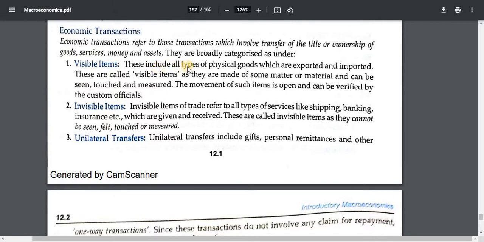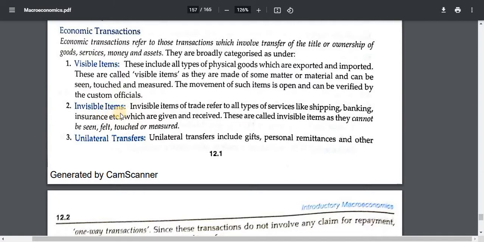These include all types of physical goods which are exported and imported. These are called visible items as they are made of some matter or material and can be seen, touched and measured. The movement of such items is open and can be verified by customs officials.